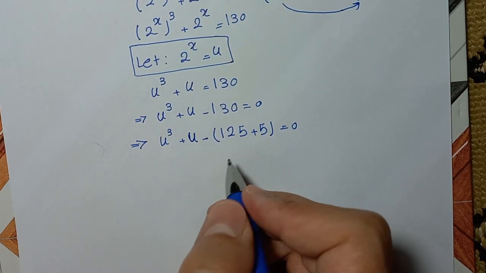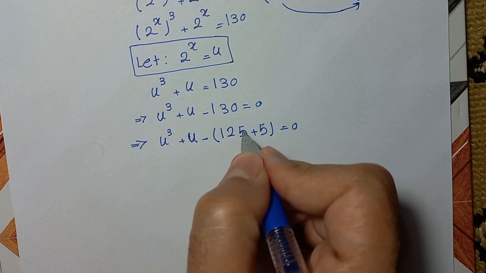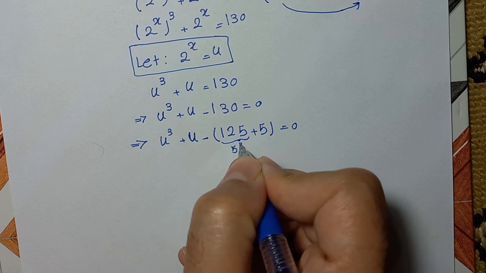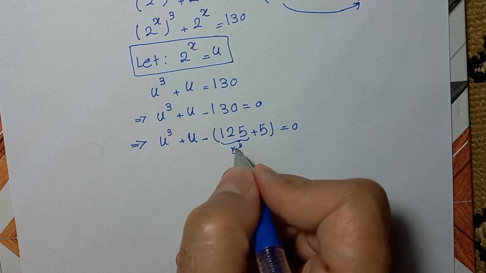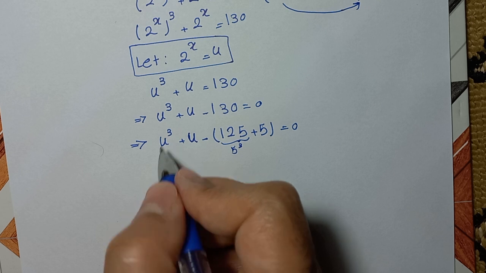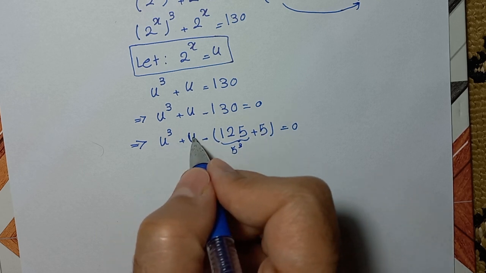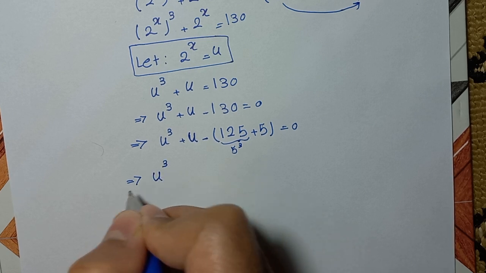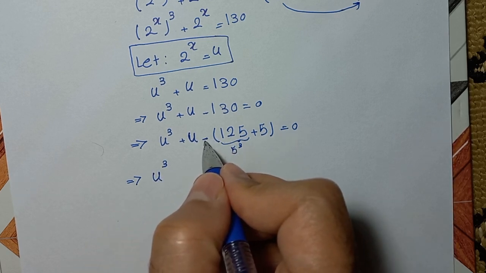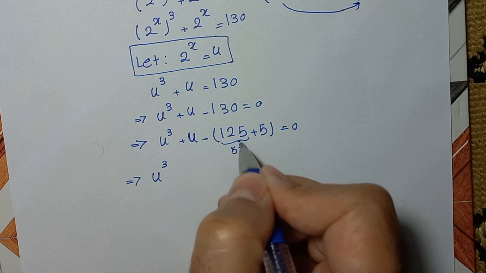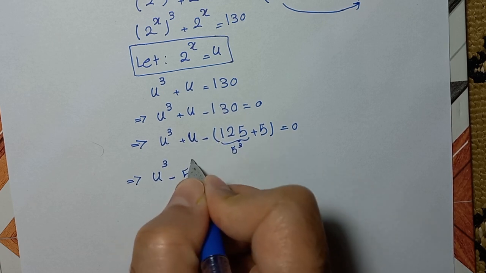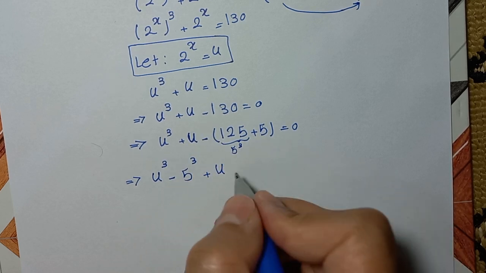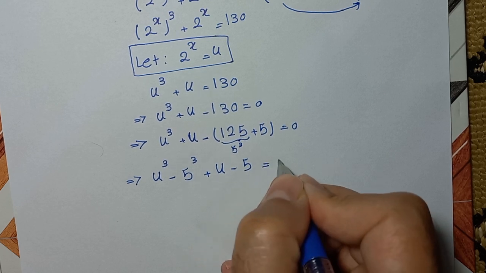And this is like magic, because 125, as you know, this is equals to 5 to power of 3. So in here we have 5 to power of 3, and in here we have u to power of 3, and also in here we have 5, and in here we have u. So in next step we can write u to power of 3, negative times positive 5 to power of 3, it will be negative 5 to power of 3, and plus this u, and negative times positive 5, it will be negative 5 is equals to 0.